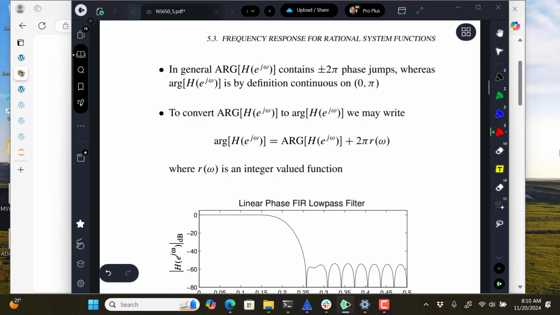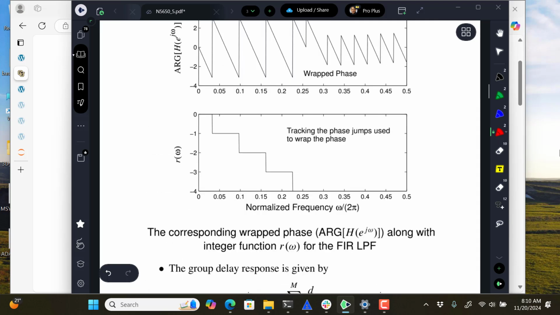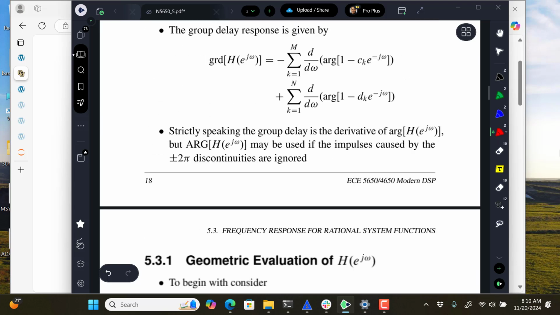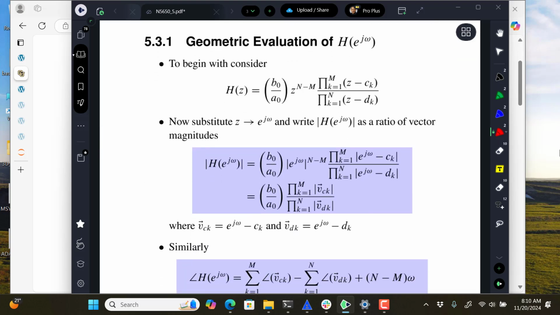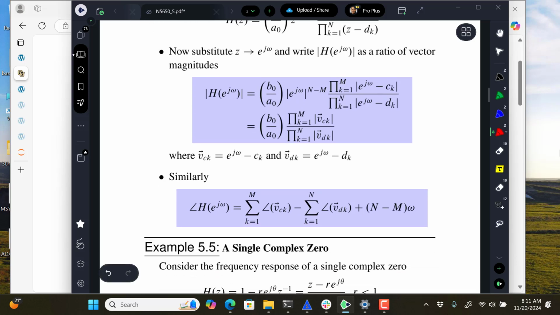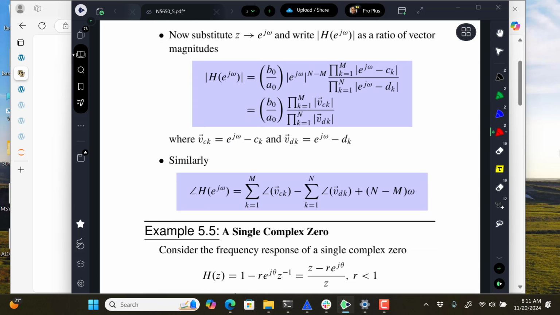So this is just generic results of modeling, phase unwrapping. But the focus right here is on geometric evaluation, how you can look at a pole and zero configuration and get an idea about what's going on in terms of the magnitude response, phase response, and group delay. So this is breaking it down, and it's this blue boxed equation here that allows us to do this geometric interpretation.